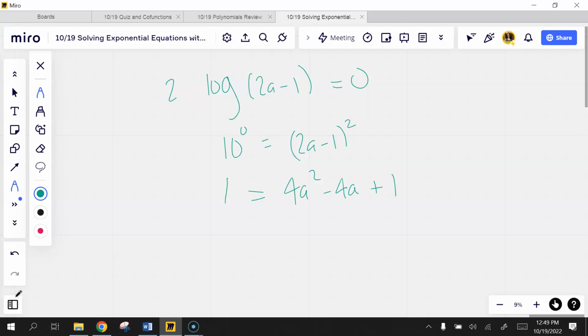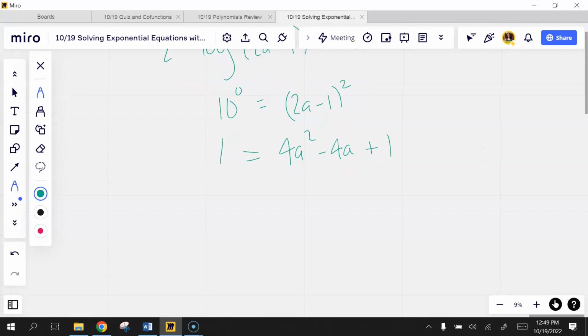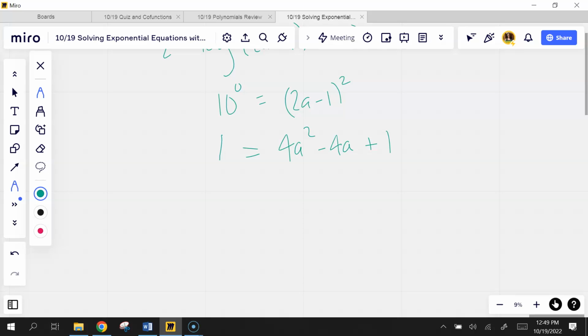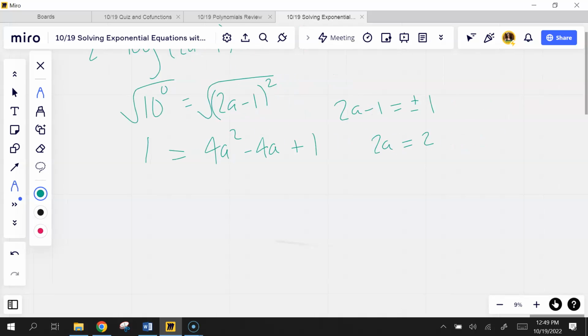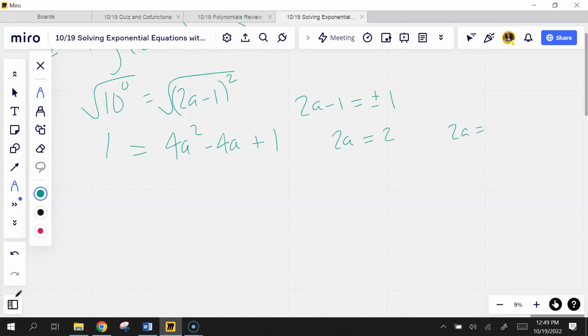So this contradicts what I did earlier. At this point, you did square root, so you got 2a minus 1 equals plus or minus 1. So then 2a equals 2 or 2a equals 0. So a equals 1 or a equals 0.